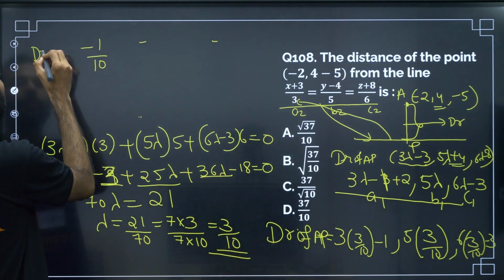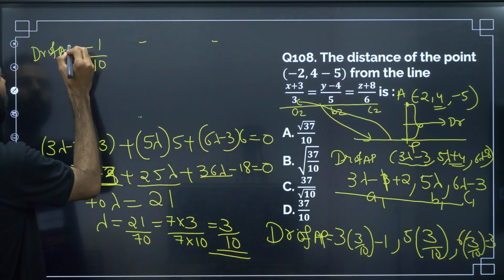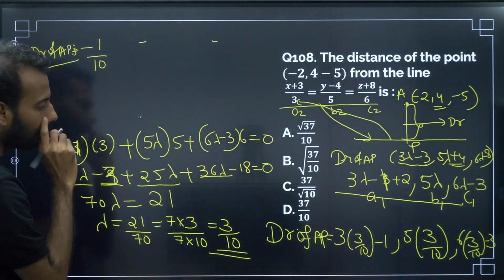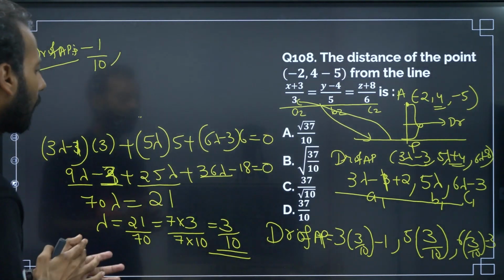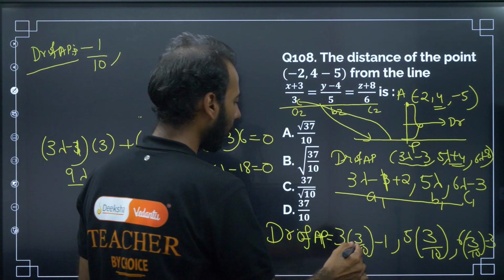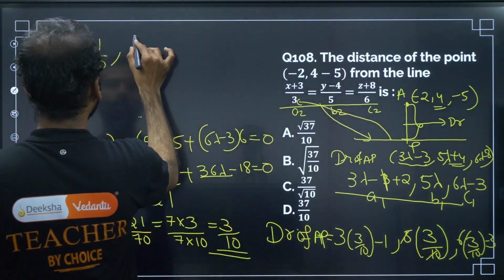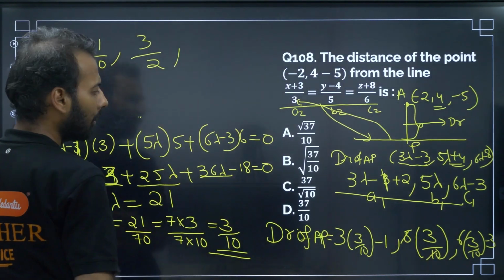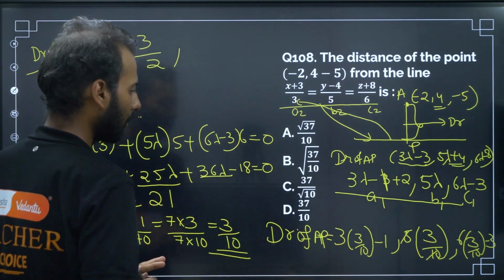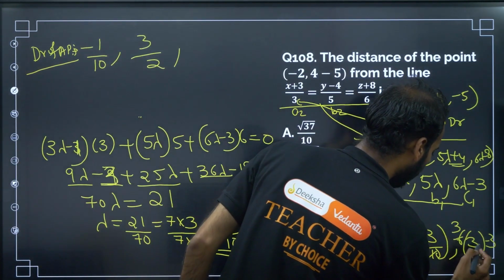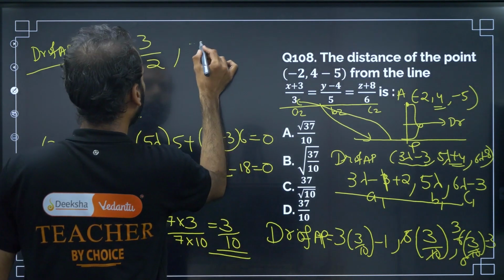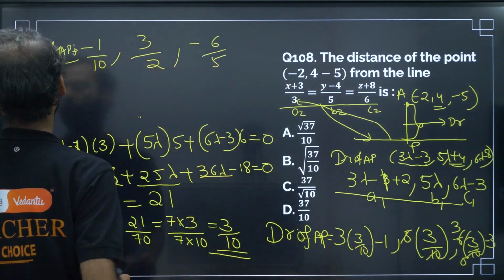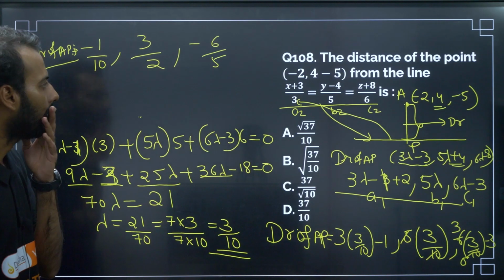The next direction ratio of AP is 3 by 2. Next, 6 times 3 is 18 by 10 minus 3, which is minus 6 by 5. So till here I think everything is clear.